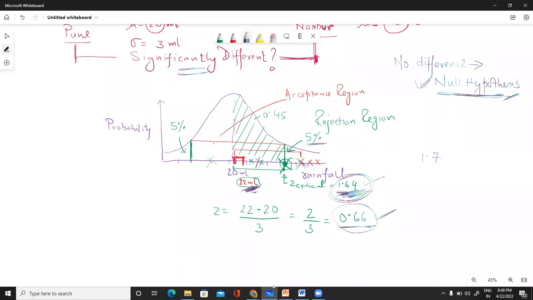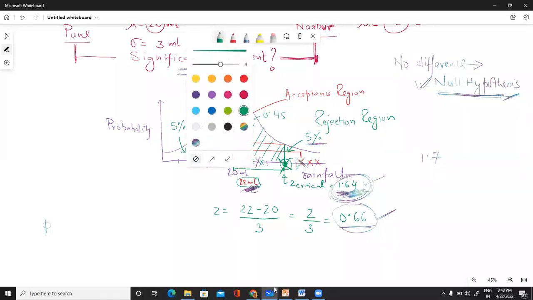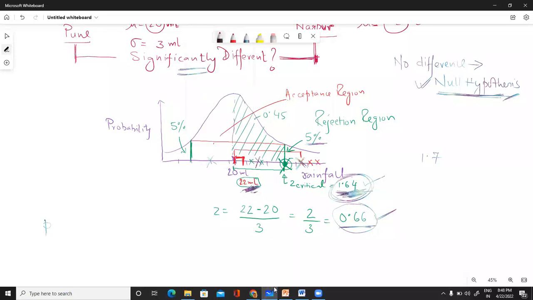One more important point is something called the p-value. Now the blackboard has become clear. So what is meant by p-value?